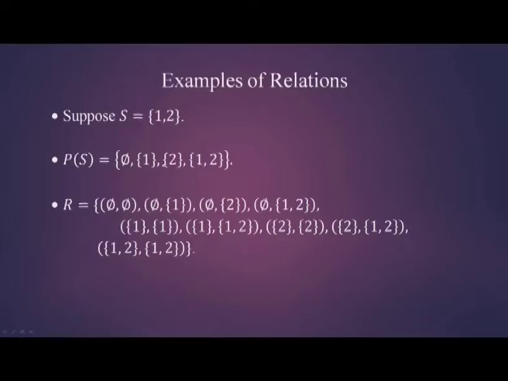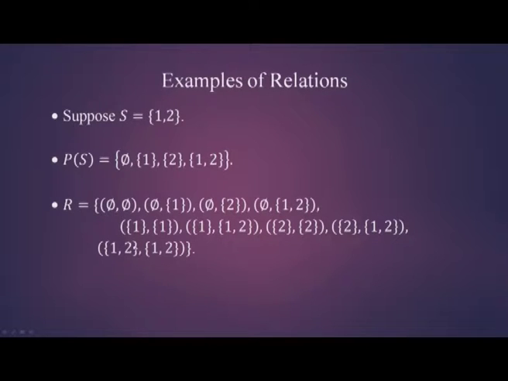Now, suppose we consider the set S, then as we have seen, the power set of S is phi, {1}, {2} and {1, 2}, and the containment relation is (phi, phi), (phi, {1}), (phi, {2}), because phi is a subset of itself, phi is a subset of {1}, phi is a subset of {2}, phi is a subset of {1, 2}.